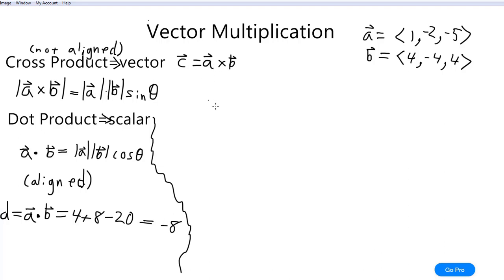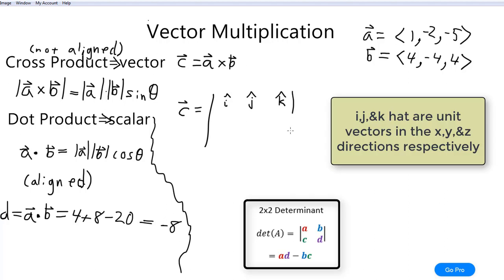To set it up, C equals, you have these bars, and this is I, J, and then K. Then this is A, and this is B right here. So this is going to be 1, -2, -5, 4, -4, 4, and then we're just doing the determinant of this whole thing.